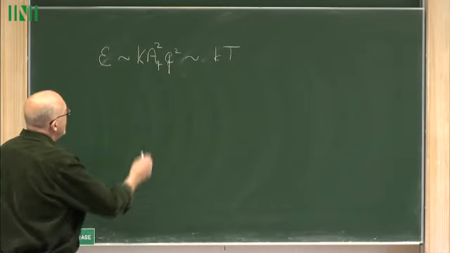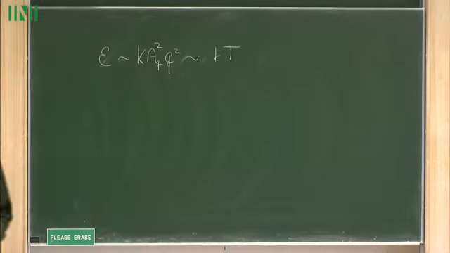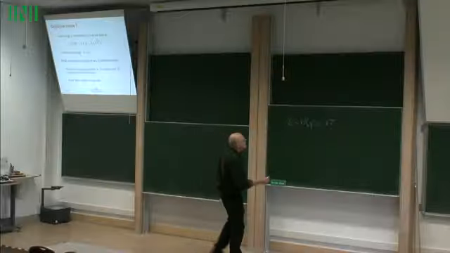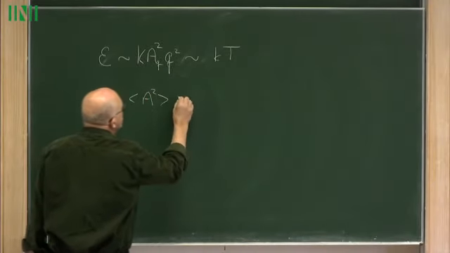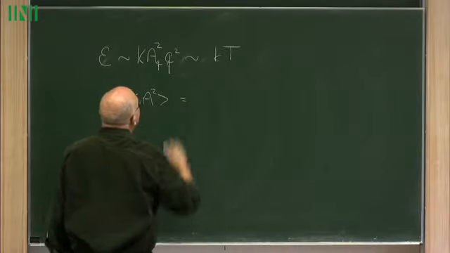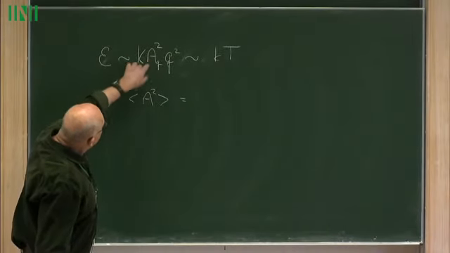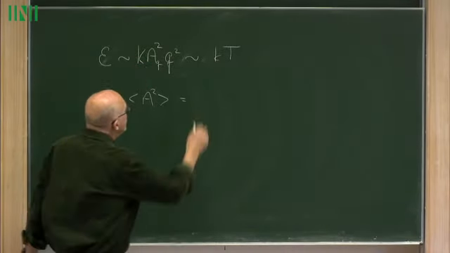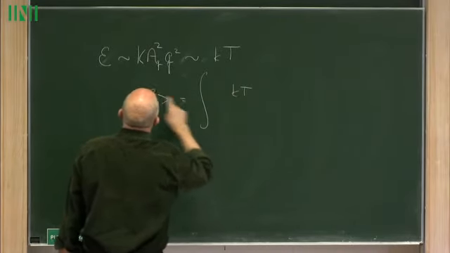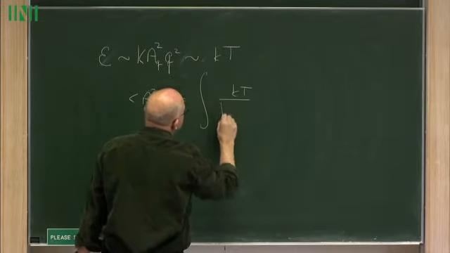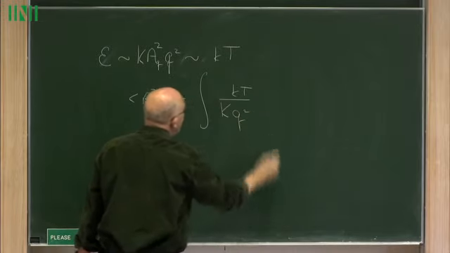If you want to know how big the mean squared fluctuation amplitude is, then you need to integrate over q space, and the amplitude squared of each mode is just kT over the elastic constant times q squared.